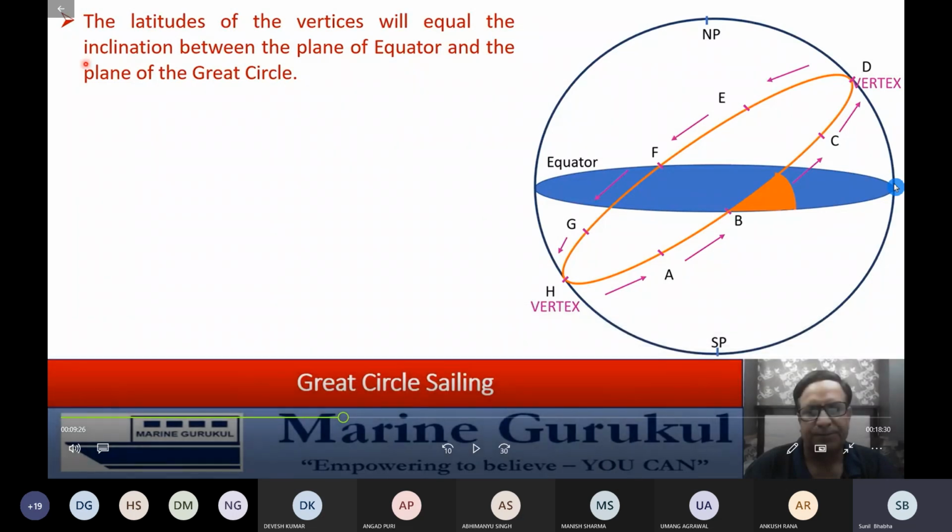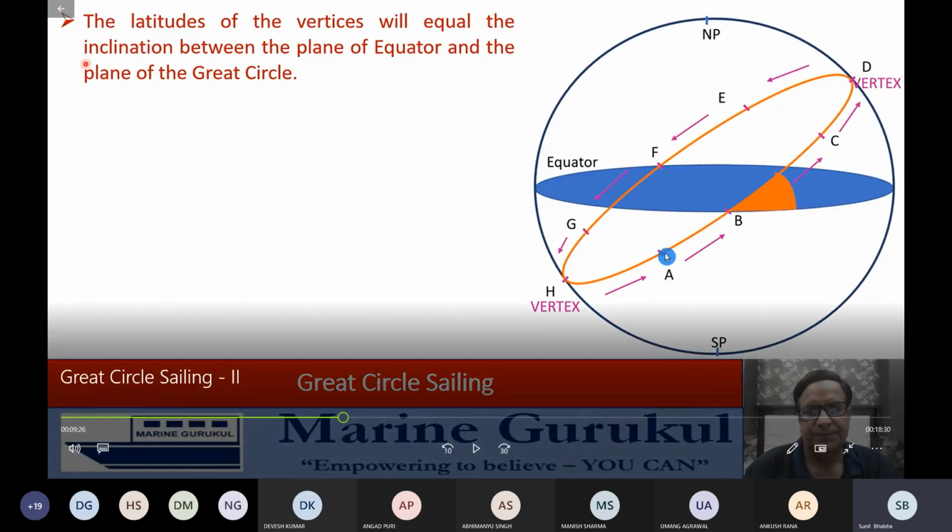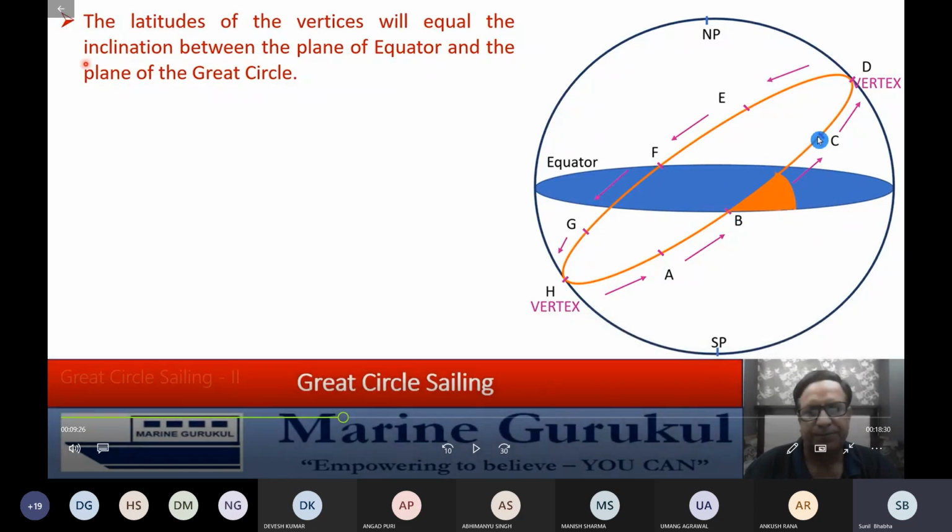Now, beta, tell me one thing. Let me give you a small question to test your understanding of this concept. Let us say our ship is moving on a great circle track and we are at point B. Okay, we are crossing the equator and proceeding towards C. So our ship is right now at point B and it is proceeding towards C point, Charlie point.